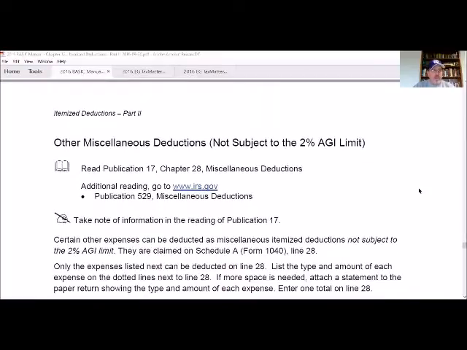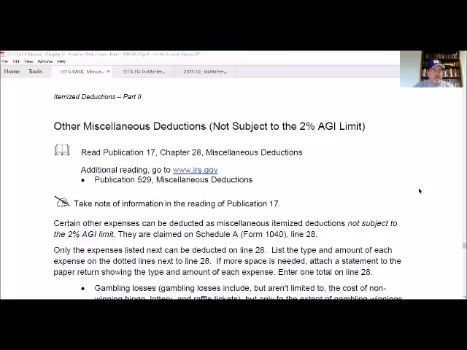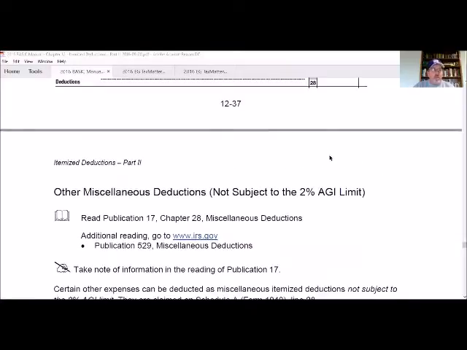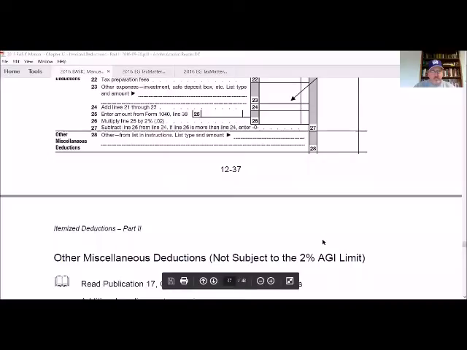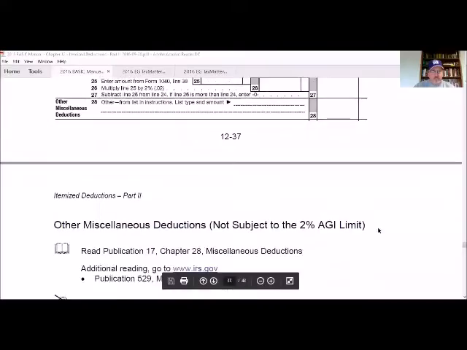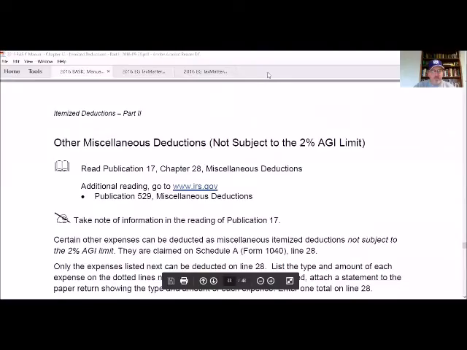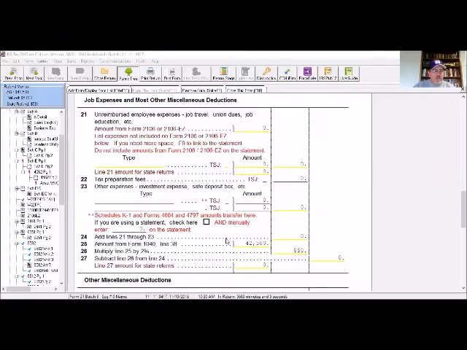Now, we do have miscellaneous deductions that are not subject to 2%. What I mean by that is, let me get back to the tax form here. If you look at this category, when it's all said and done, we get a total.